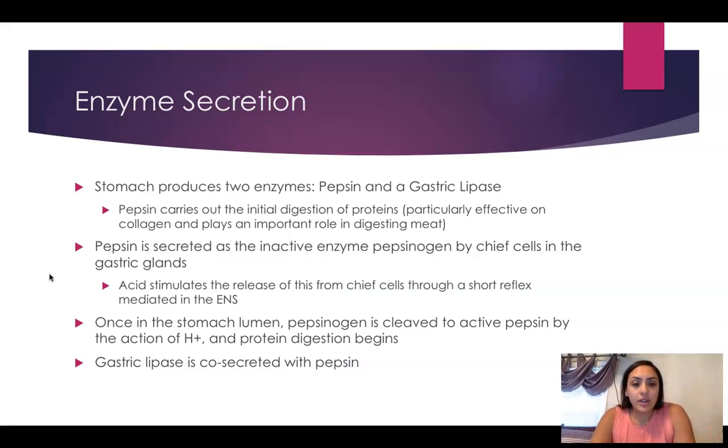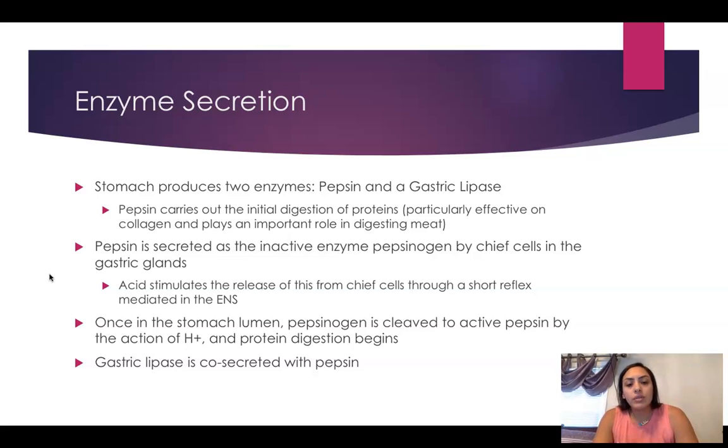And pepsin is secreted as an inactive enzyme, pepsinogen, by chief cells in the gastric glands. So pepsin, pepsinogen. Acid stimulates the release of this from chief cells through a short reflex mediated in the ENS.